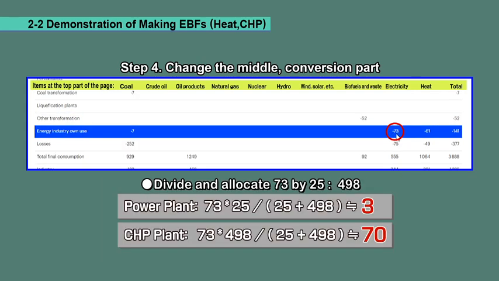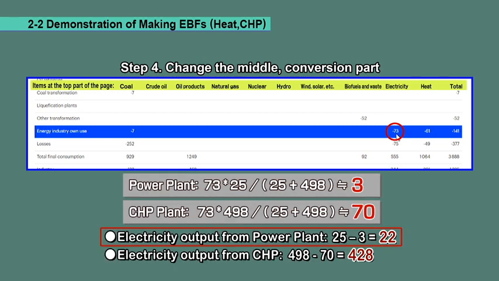Using the ratio between these, 25 and 498, allocate the value of energy industry own use, 73. Then you get a breakdown of 3 for electricity plants and 70 for CHP plants. Subtract 3 from the electricity output of electricity plants, 25, to get the 22.